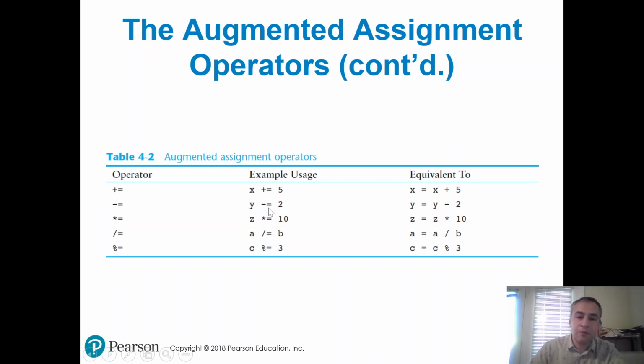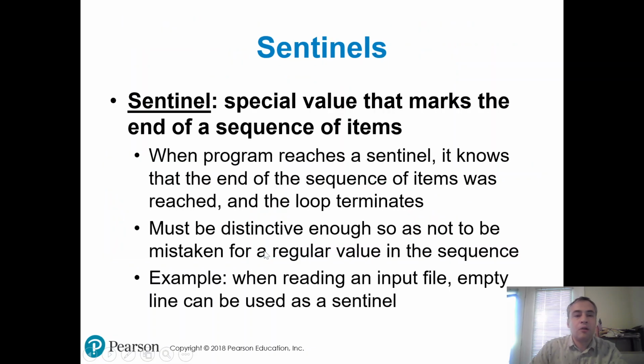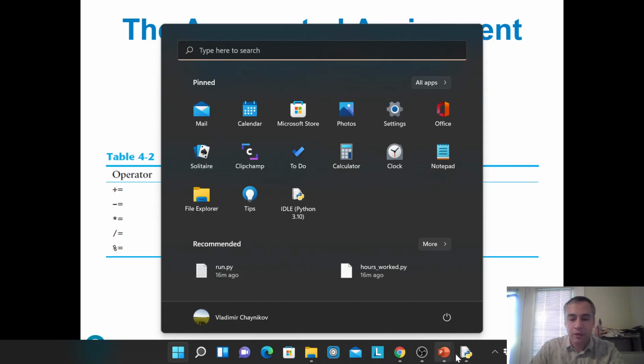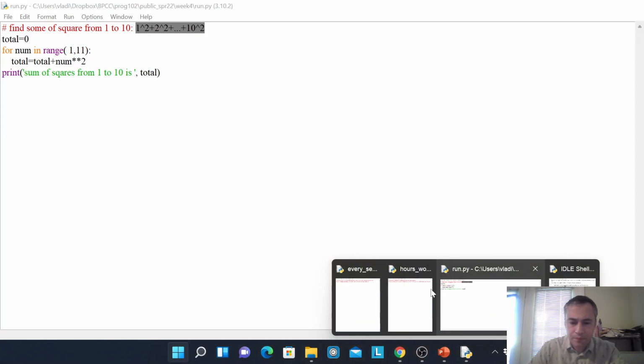You can do the same thing with subtraction, multiplication, division, and remember what this is. Take a moment. This is a remainder. You can do this to the remainder. All right, and now it's time to go back to our example and implement this.